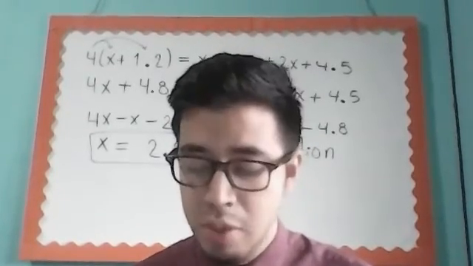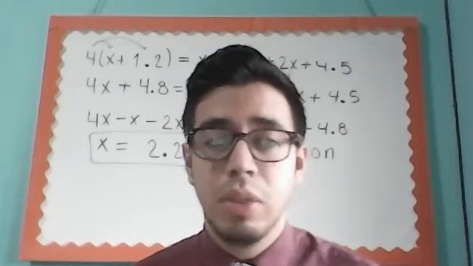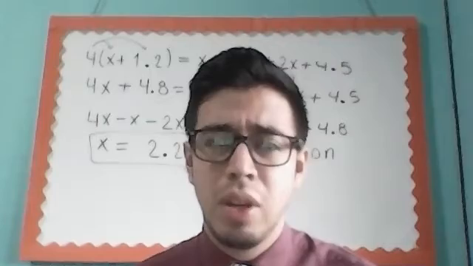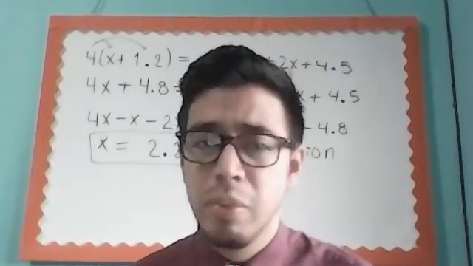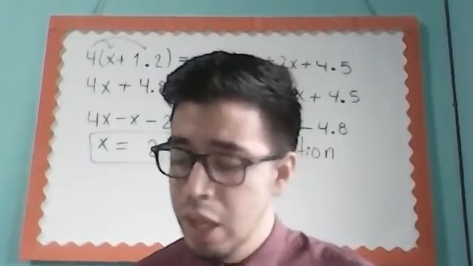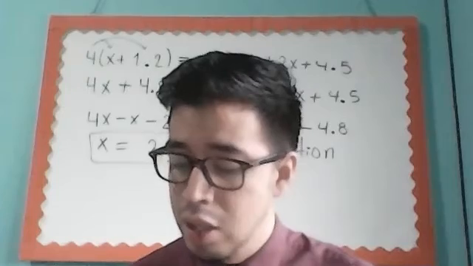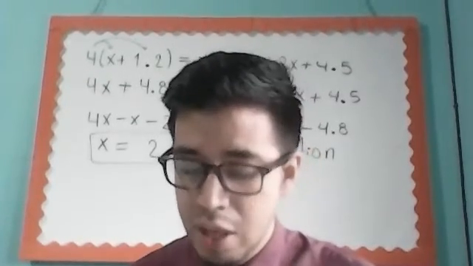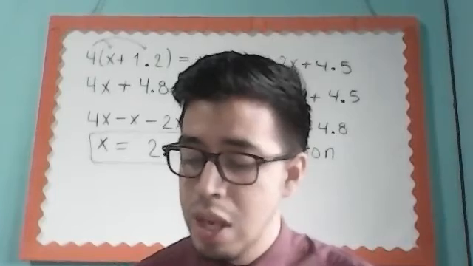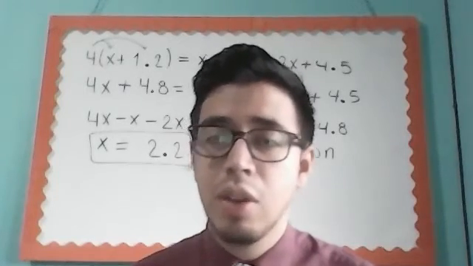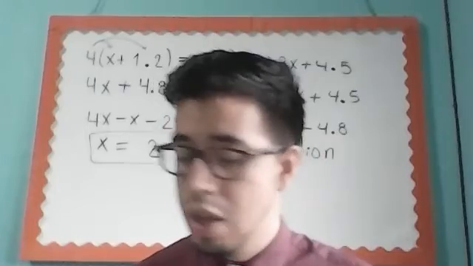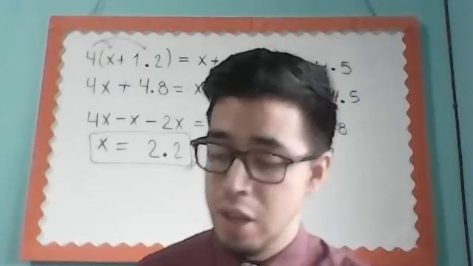X is the number of string colors, so 2 is multiplying the x, plus 5, that is the $5 for each bracelet. And the same for Mika. You multiply by 2 because she made 2 bracelets, and you multiply this by 3 for each string color, x is the string color, and you add the $3 that she gained for each bracelet. So we have the equation here.